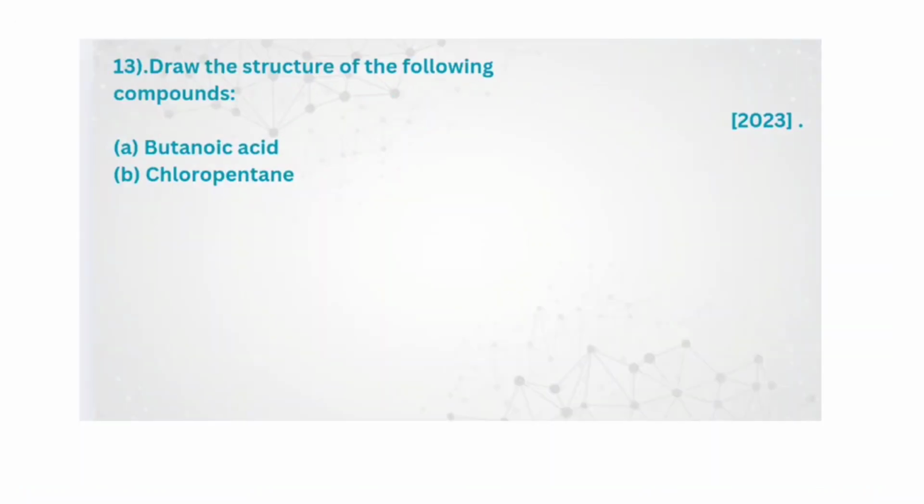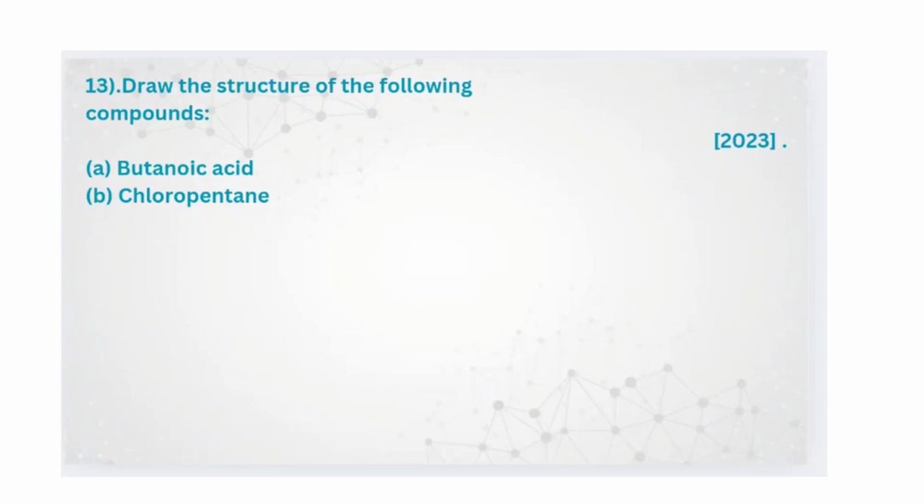In the question, draw the structure of the following compounds. A. Butanoic acid. B. Chloropentane. This one is butanoic acid. So in that case, the parent chain contains 4 carbon atoms. First of all, you have to draw the skeleton structure of carbon.